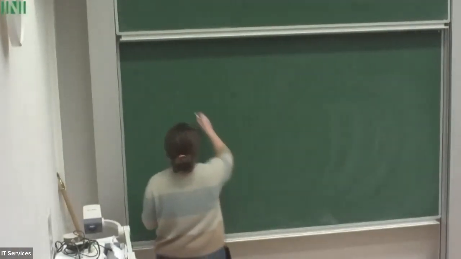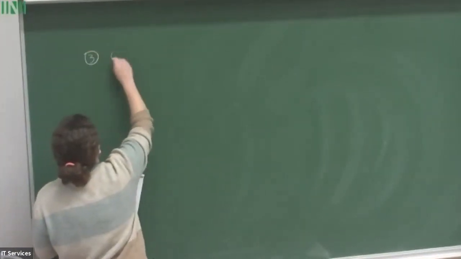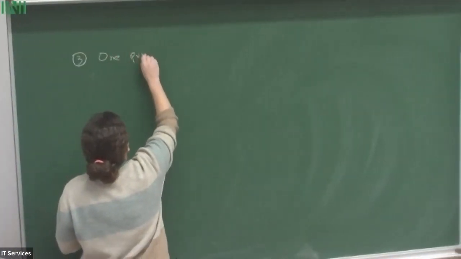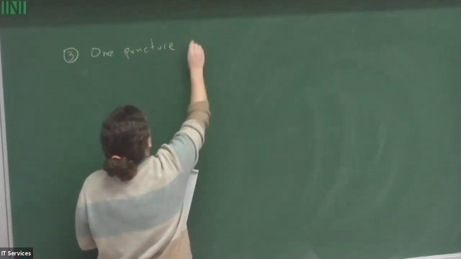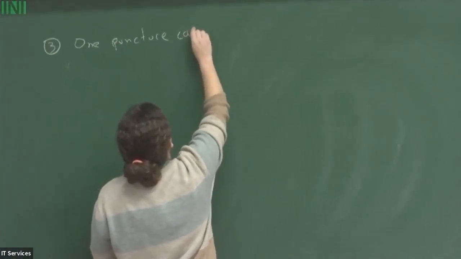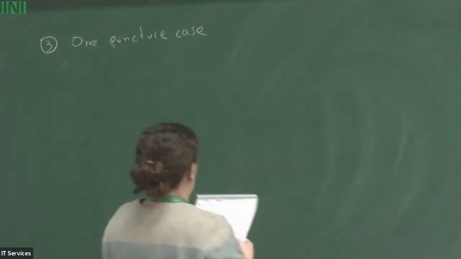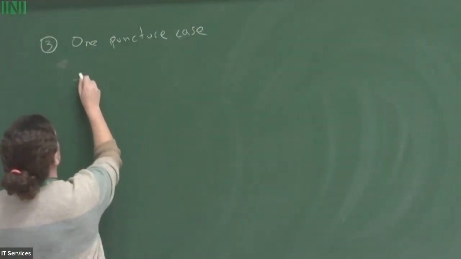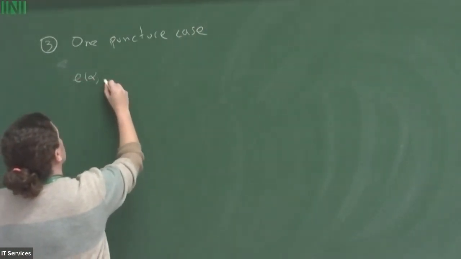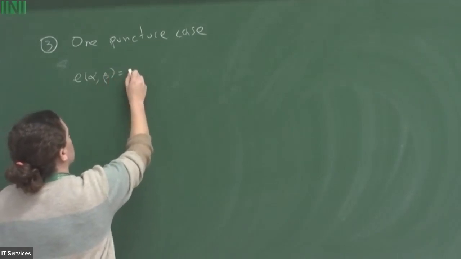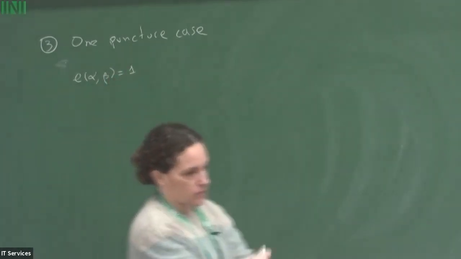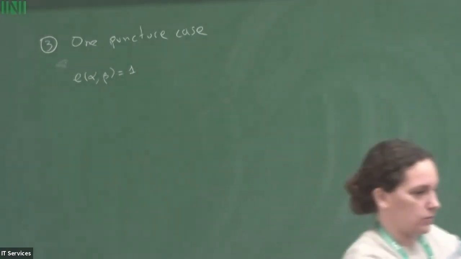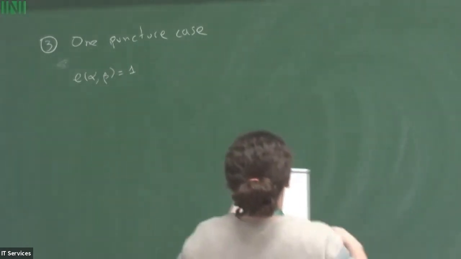now I want to go for the one puncture case. I want to address what kind of extensions may show up when you have a topological surface that has one puncture in the middle.